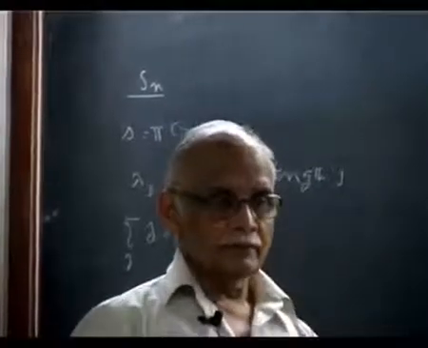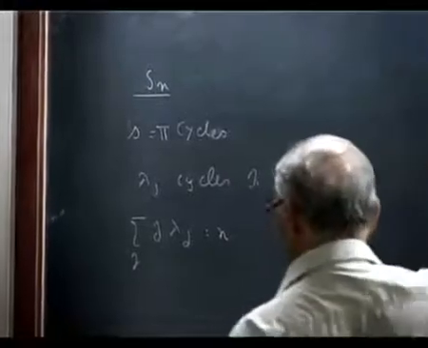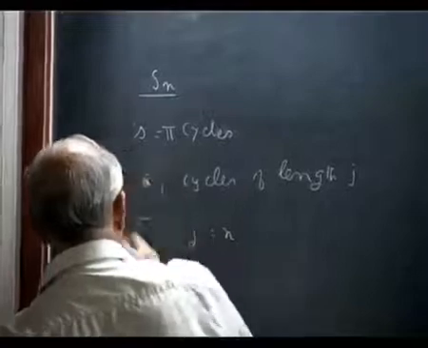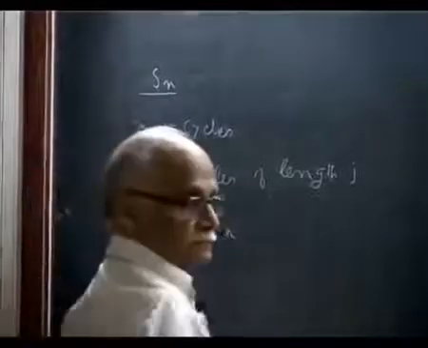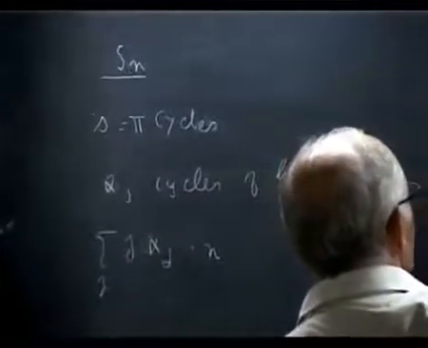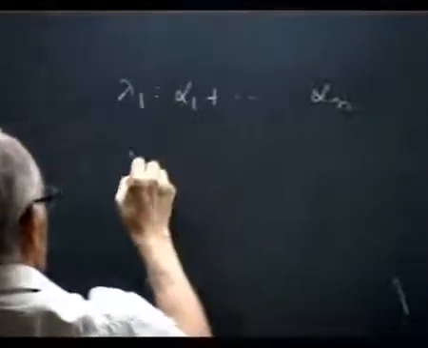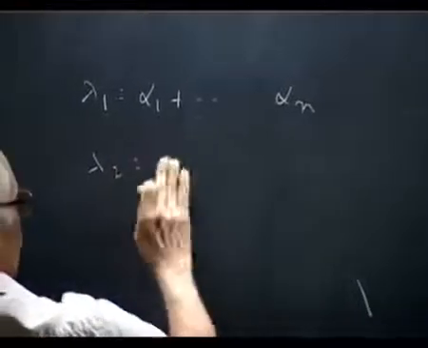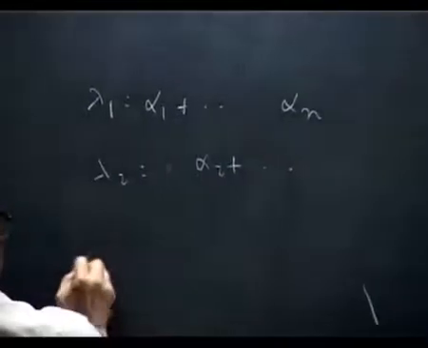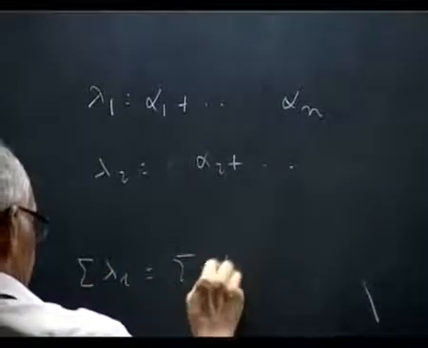So we found that if I now define not lambda j, I call this alpha j. Then I write lambda 1 as alpha 1 up to alpha n, lambda 2 starts at alpha 2 plus etc. Then you see that summation i alpha i is n.